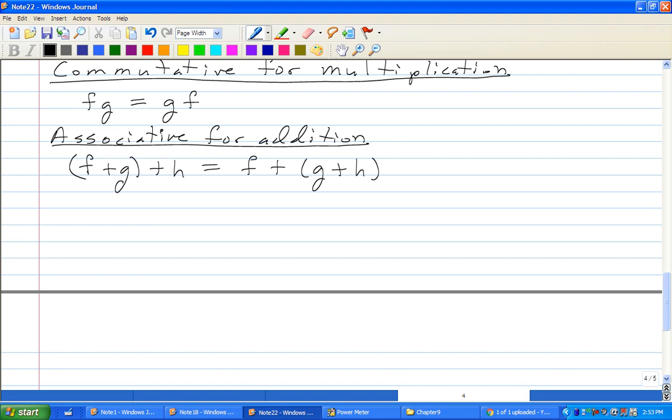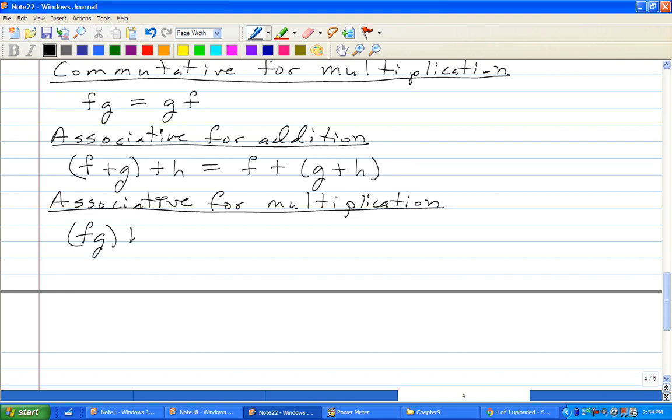We have the associative property for multiplication. Which says that if f, g, and h are functions, then f times g multiplied by h is the same as f multiplying the product of g and h.